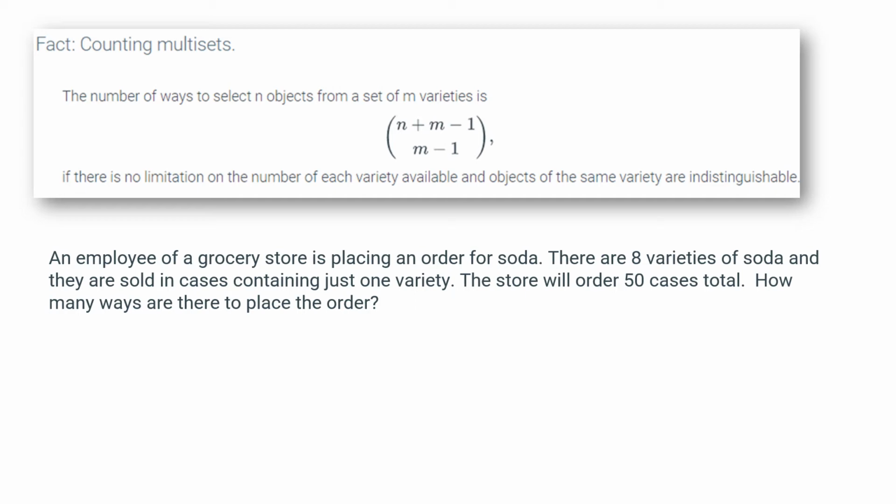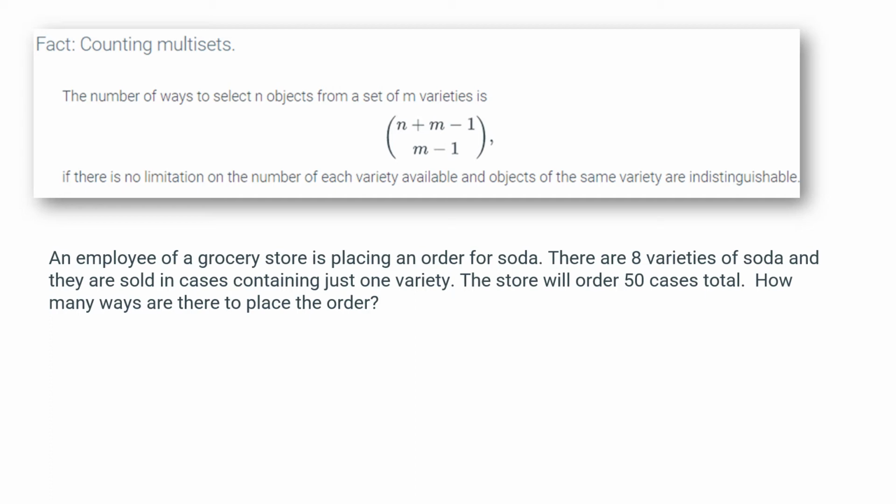So let's see this in a different light. Let's look at another type of problem. It's not necessarily a different light, just a different situation using this very same rule. An employee of a grocery store is placing an order for soda. There are 8 varieties of soda, and they're sold in cases containing just one variety.